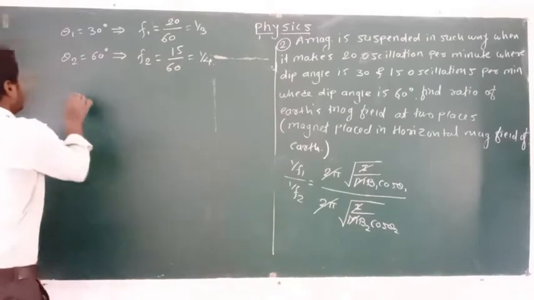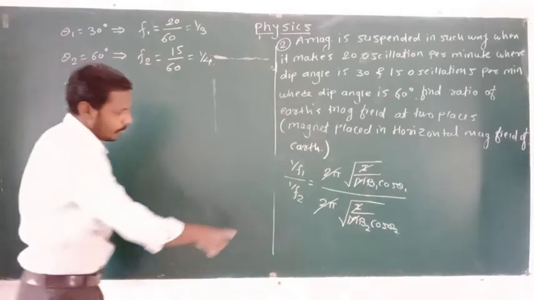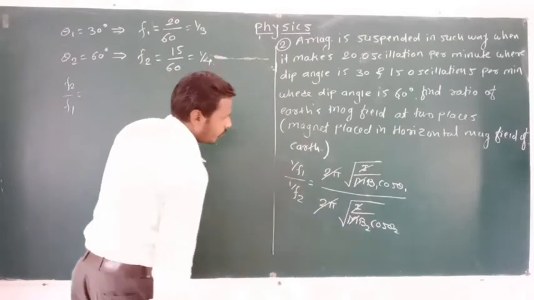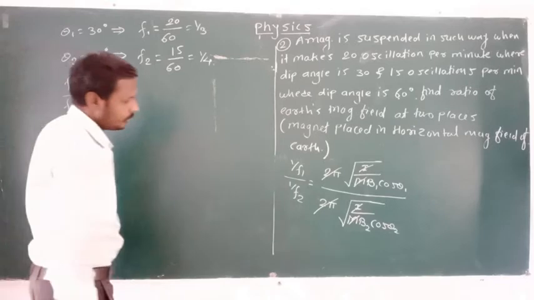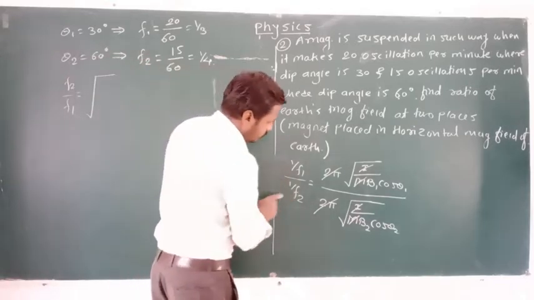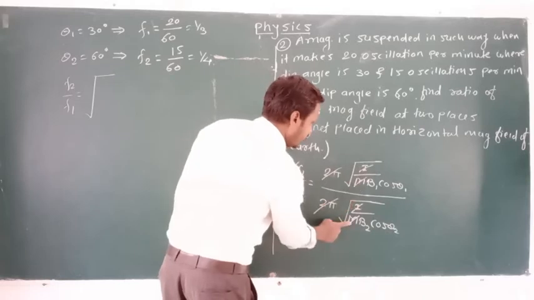We can write F2 divided by F1 is equal to under root of, F2 becomes upward and F1 downward, and 2 pi, I, and M get cancelled.